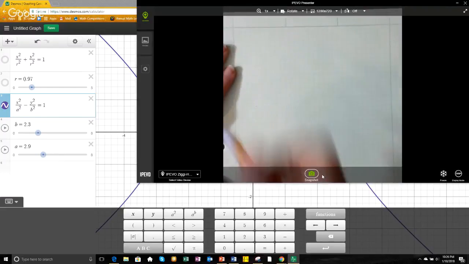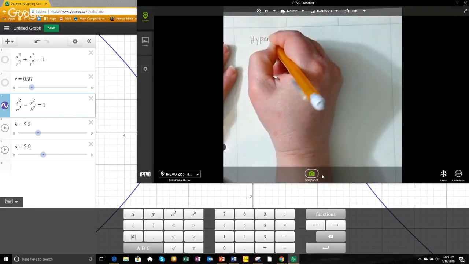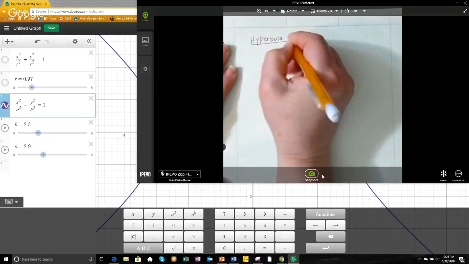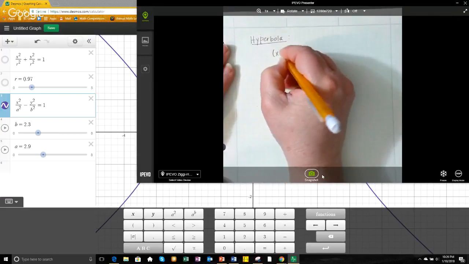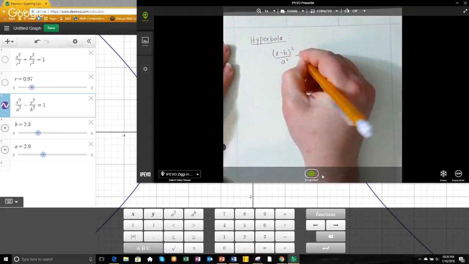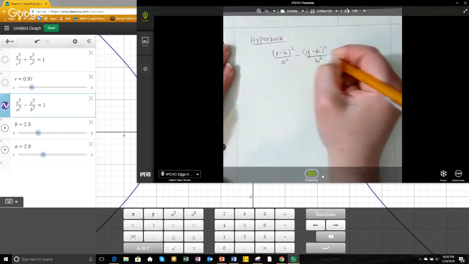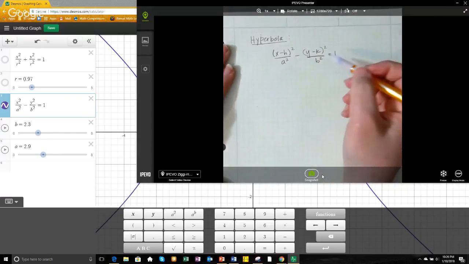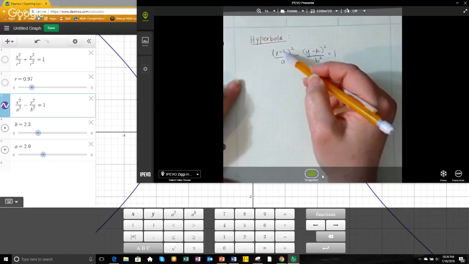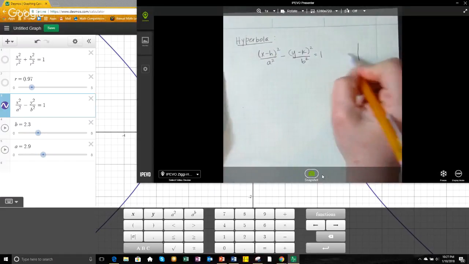A hyperbola equation in graphing form is going to be x minus h quantity squared over a squared minus y minus k quantity squared over b squared equals 1. Now, whichever term is positive, in this case the x term, is the direction in which it'll open.